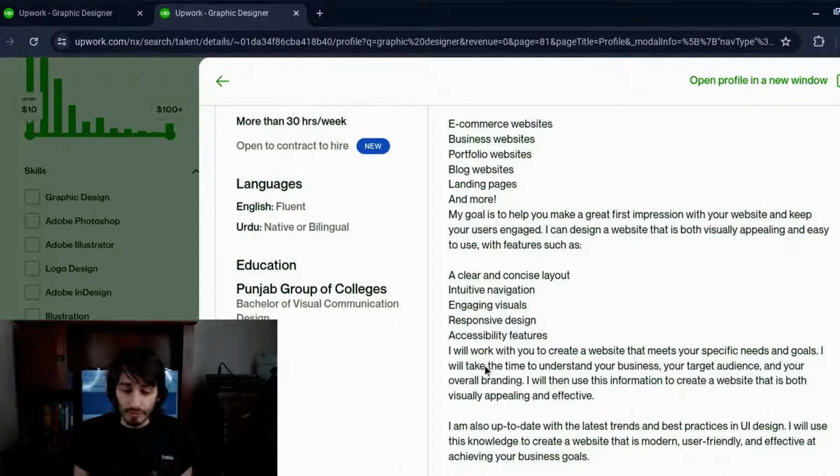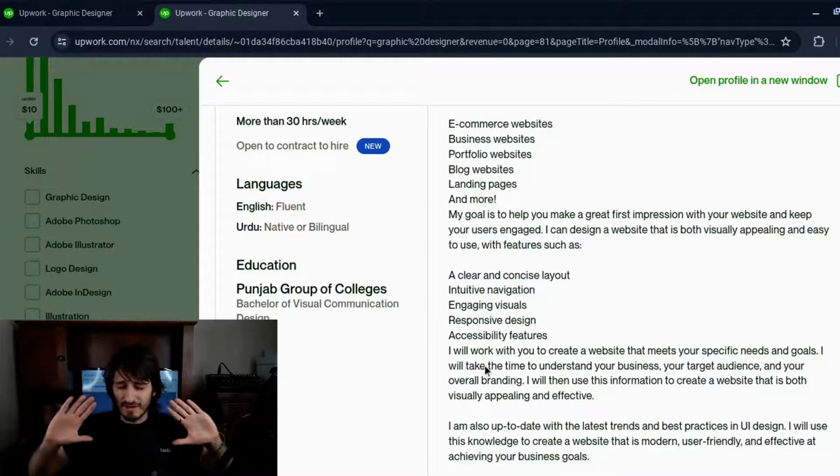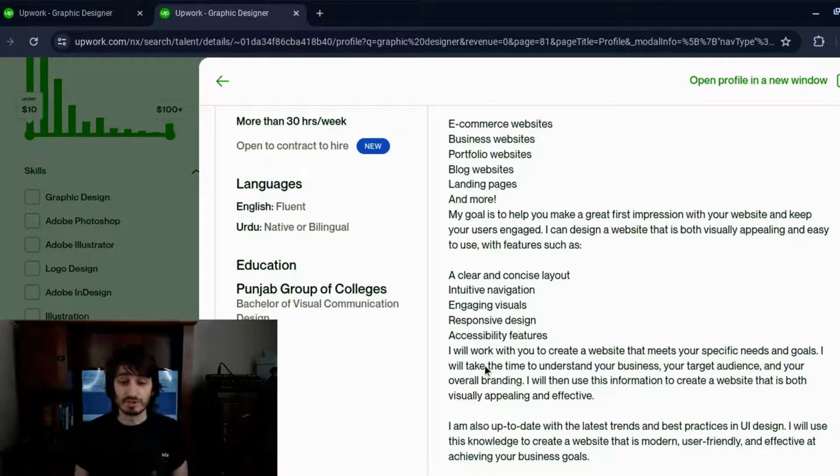Well, when it comes to portfolio, one of the things that you need to understand is that people hire you as a graphic designer because they want you to make good-looking stuff for them, all right? If you don't have a portfolio, if you were a back-end programmer, which is a programmer who builds stuff that is not visual, right? How programs work is not something that's visual.